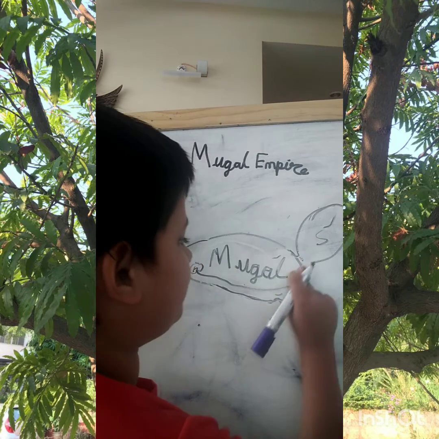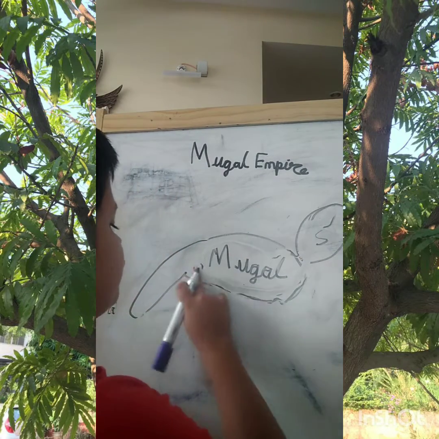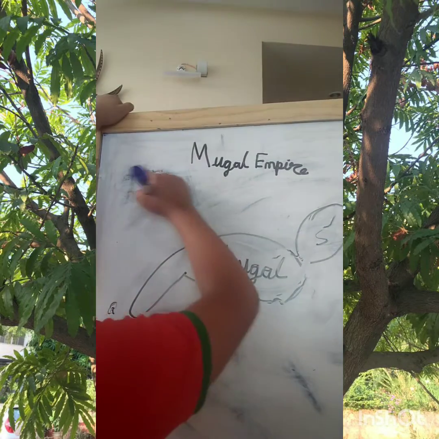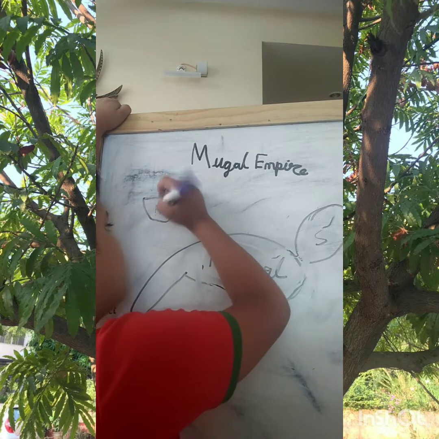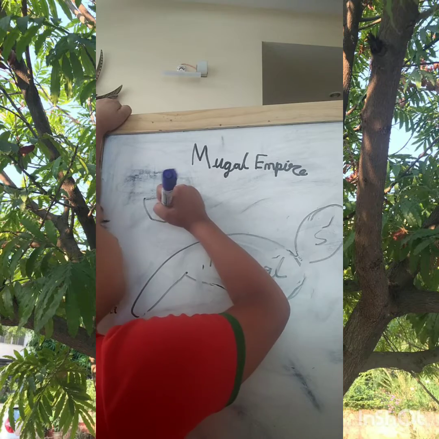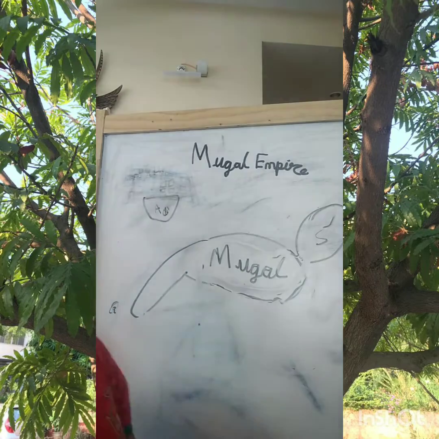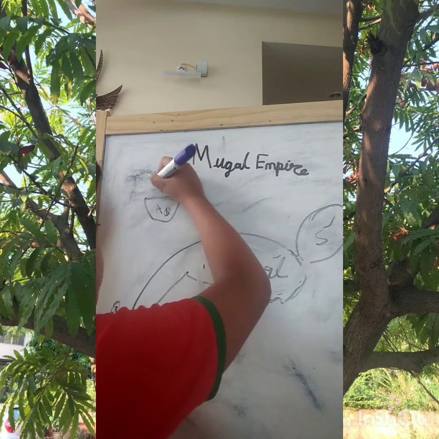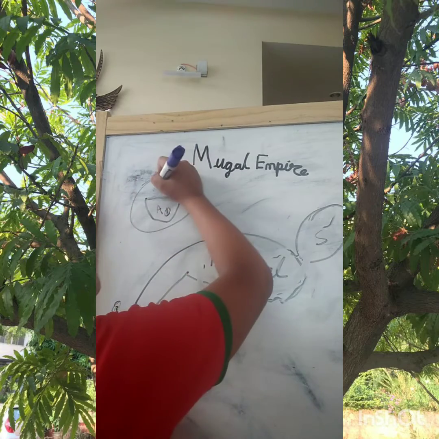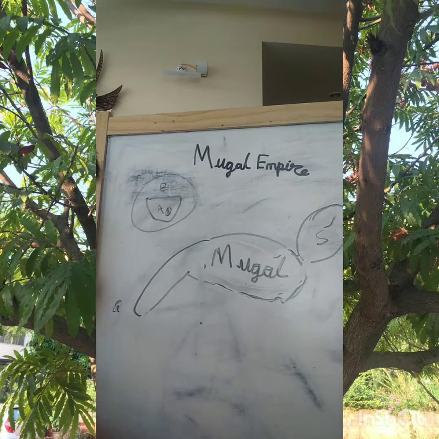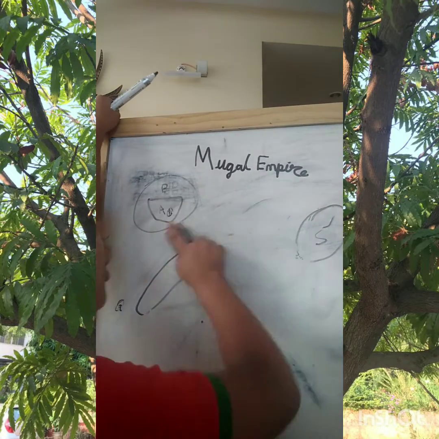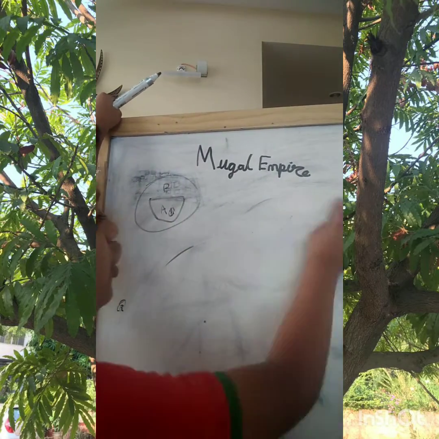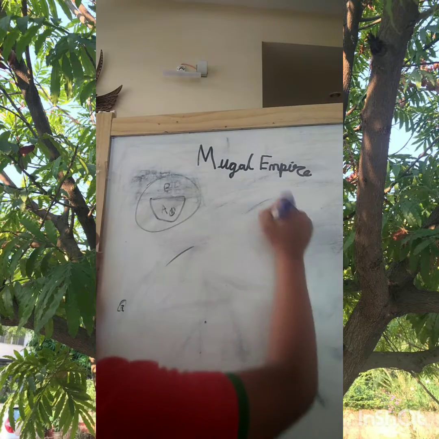Both times he was defeated and he was exiled to Afghanistan. Humayun was there, but he was actually in Persian territory. Afghanistan wasn't the Persian Empire. With that, the whole Mughal rule had collapsed and came the new Afghan rule.